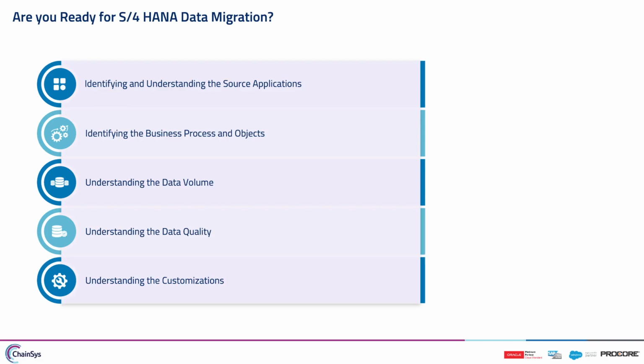And the next important thing is the data quality. This is one of the key challenges, right? Are we going to take all the dirty data to SAP S/4HANA? Or we need to understand the current application data quality, for example, incompleteness of the data. There are 10,000 customers without a postal code or without a city.